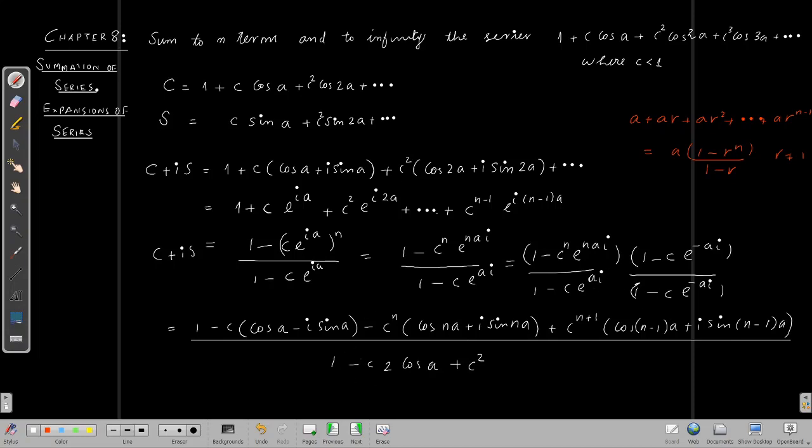Then the denominator is obviously a real number, so you can collect the real and imaginary parts of the numerator. So you can get this is equal to, the numerator's real part is 1 minus c cos a minus c raised to n cos na plus c raised to n plus 1 cos (n minus 1)a.